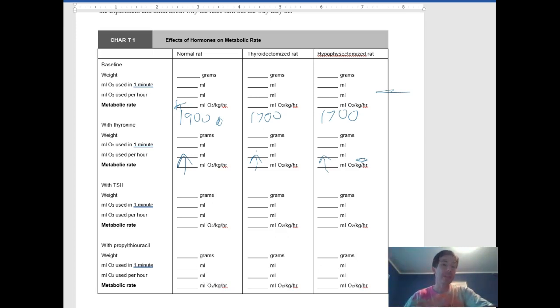Then we get down to TSH. So we hit a normal rat with TSH. That should cause up, down, or the same. Hopefully you're all thinking up, or hopefully you all remember up, right? So this is going to elevate the thyroid hormone levels above normal, so the metabolism is going to go above normal.